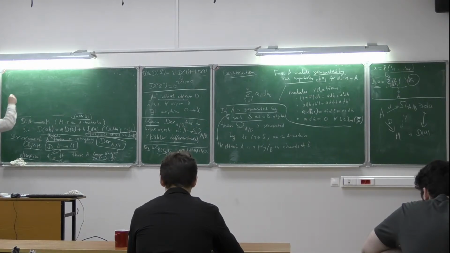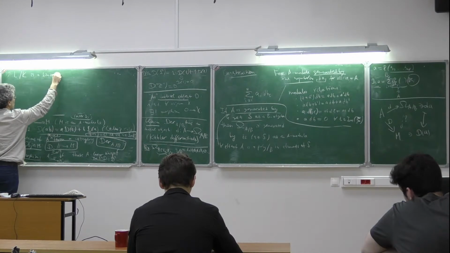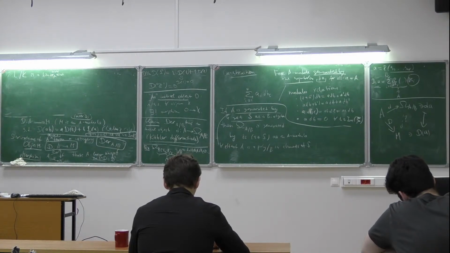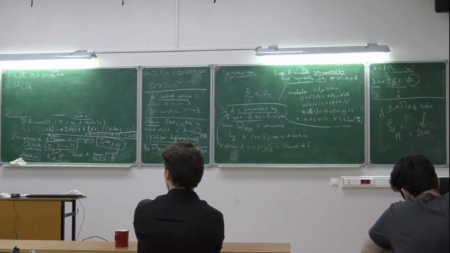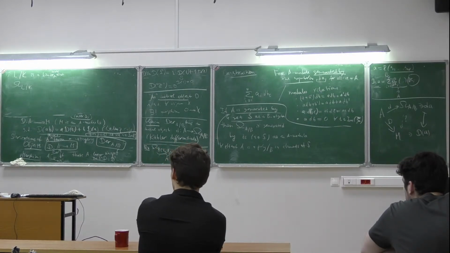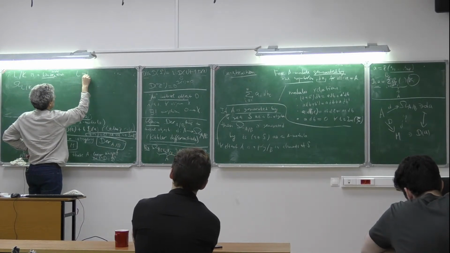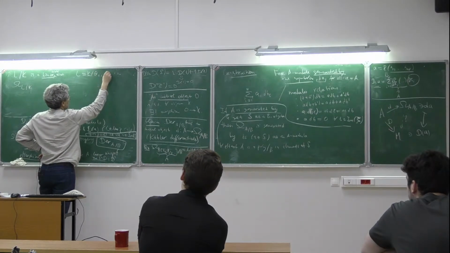So suppose that L over K is a finite field extension, and the question is: what are the differentials? Of course, L is a finite extension, so actually L is generated by certain elements theta 1, theta 2, and so on, theta n.